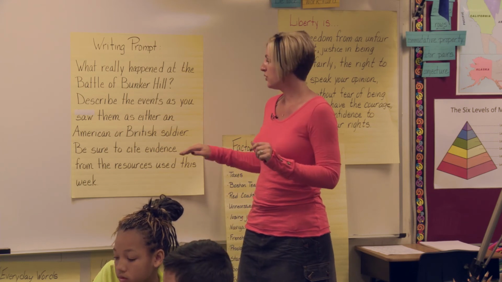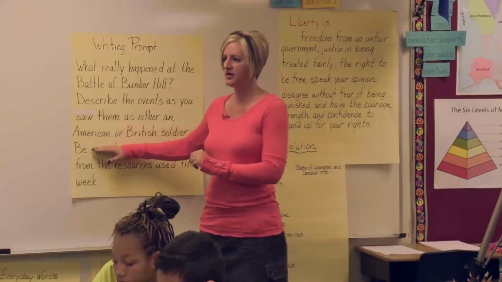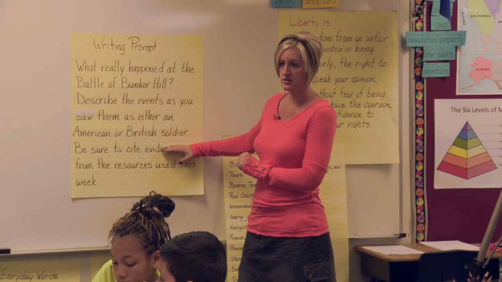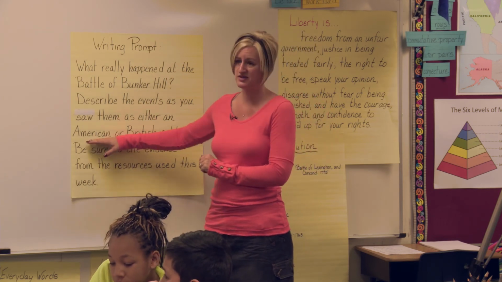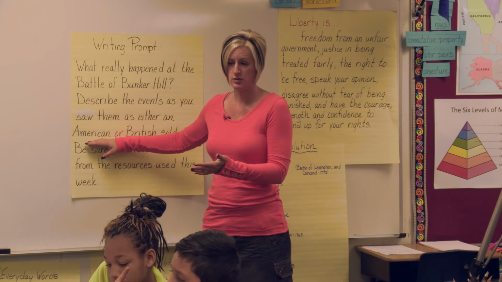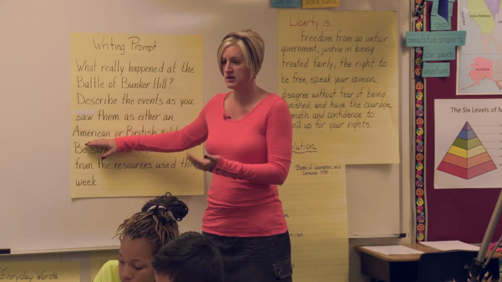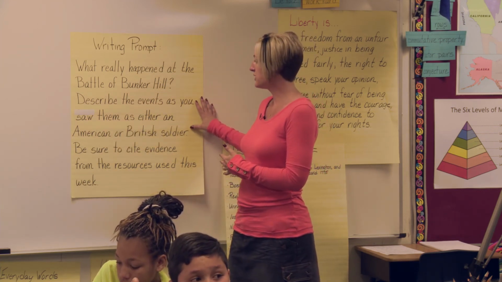Okay? So in order to write as an American what happened, you have to understand what happened to the British, right? And to write as a British soldier, you have to understand also what was happening on the American side. Okay? So thinking about all of those things, this is going to be a quick brainstorm before we go to lunch.